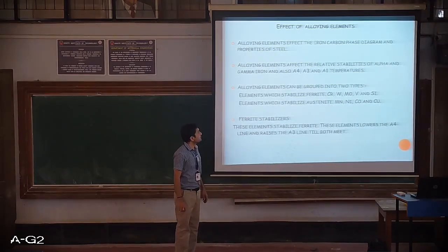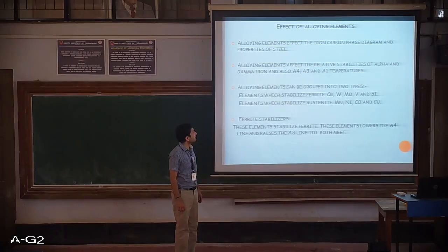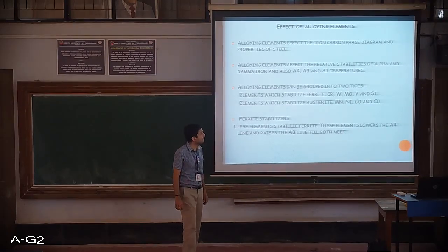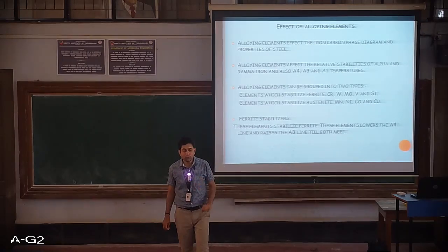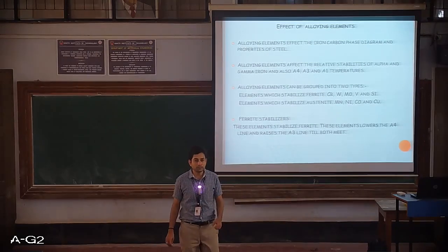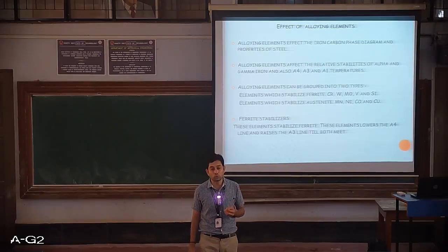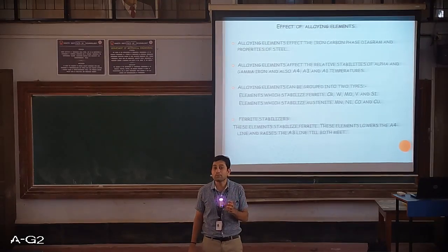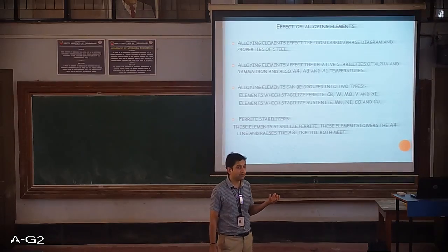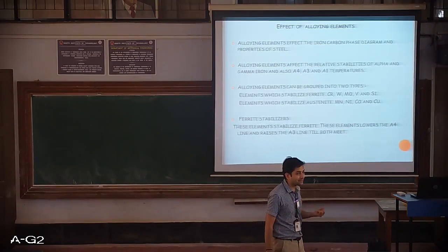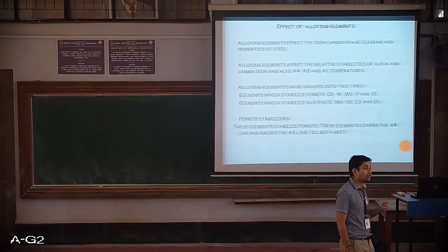And alloying elements affect the relative stabilities of alpha and gamma iron and also the A4, A3, A1 temperature lines. When I was telling you about stainless steel, I had told that some types of stainless steel contain more chromium, and chromium is a ferrite stabilizer. Similarly, I had said that another kind of stainless steel contains more nickel and manganese, and nickel and manganese are austenite stabilizers.